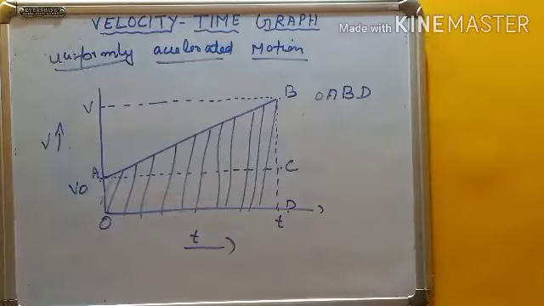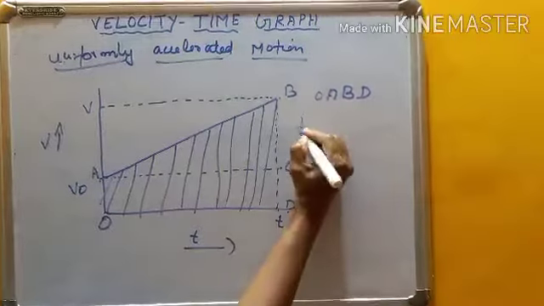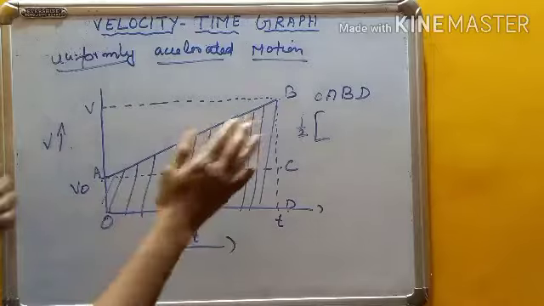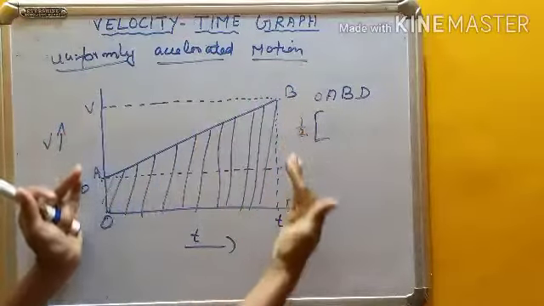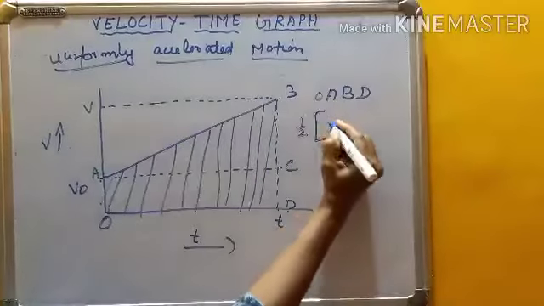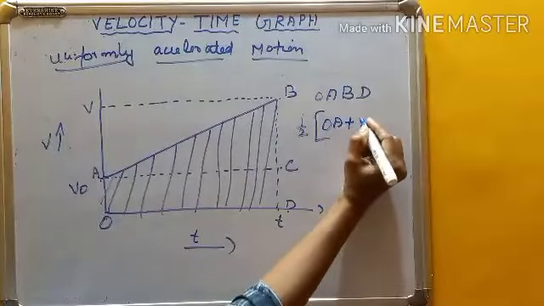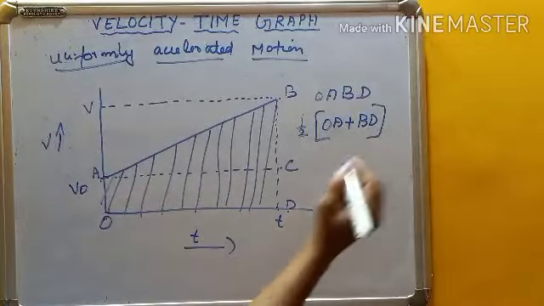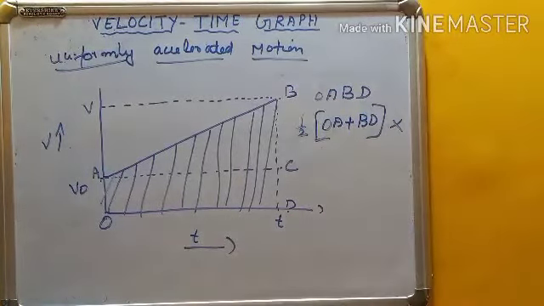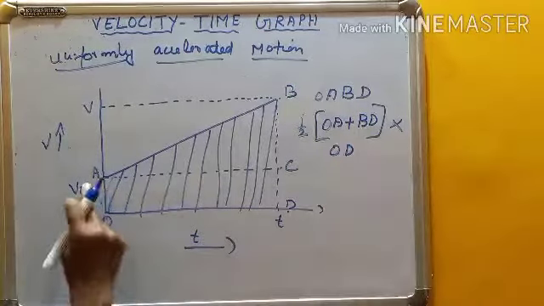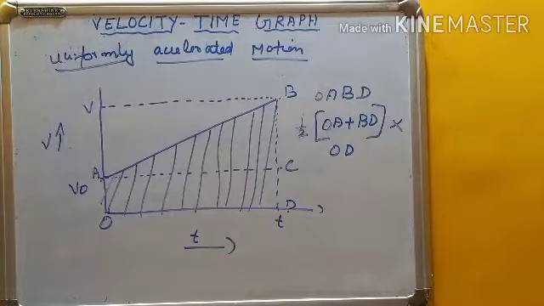It is half into the sum of the parallel sides into the altitude. The parallel sides are one side OA and the other side BD, and the altitude is OD, or AC, you can take either.